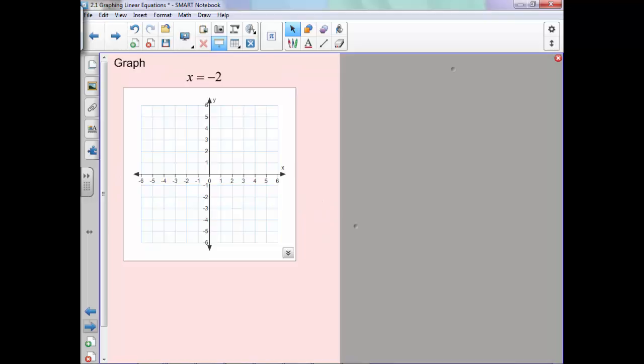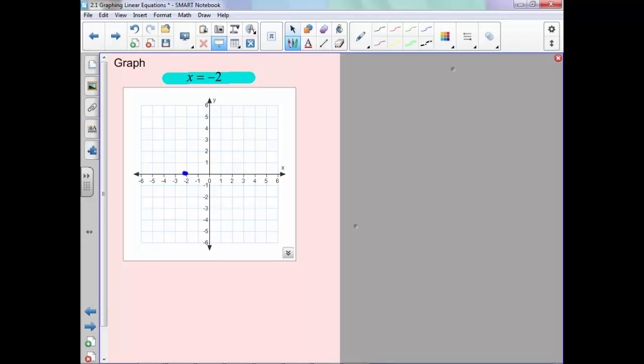Now, when we have x equals -2, notice this means x is always -2. It does not matter what y is. So that means your x is -2 when your y is 0.